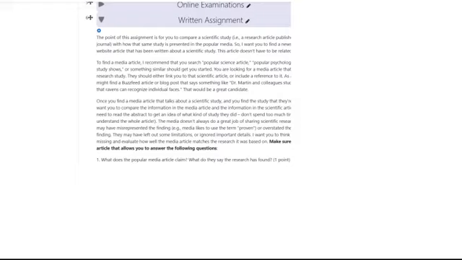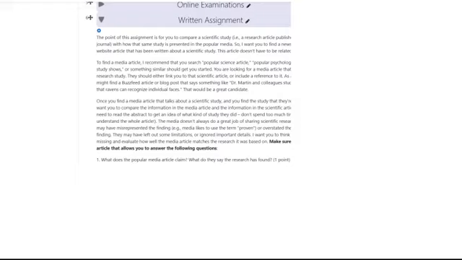And then if it's a good media article, they should link you to the original research. So they would send you to the paper that they're talking about or the original study that they're talking about. And so I just want you to do some critical thinking and say, okay, how does the popular media article compare to the scientific journal article?